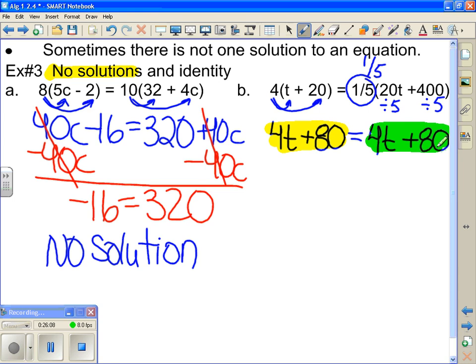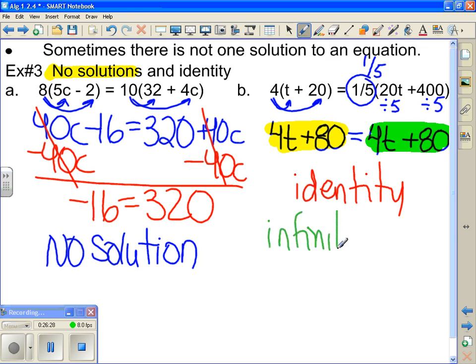So I have 3 different options for what you can write down. The shortest answer you can write down is called identity. They're both exactly the same, so it's the identity. If you don't want to write down identity, feel free to write down infinitely many, because that's how many solutions there are to this problem. There's not one, there's not no, there's infinitely many.